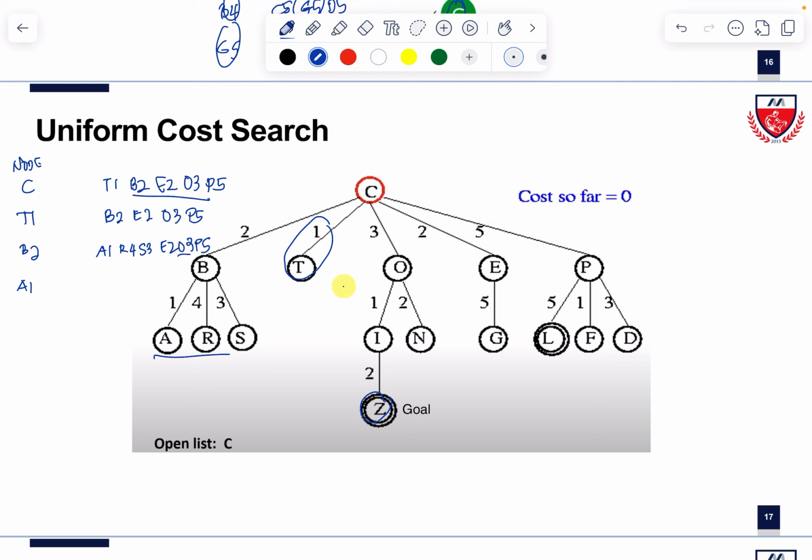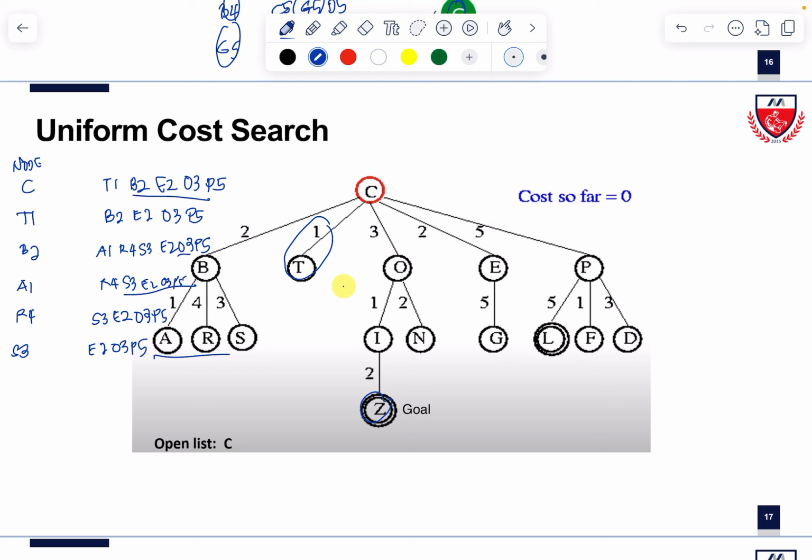A1 has no children, so let's go to R4, S3, E2, O3, P5. Then next is R4, no children. Just write everything that is on the left. Then afterward, S3, E2, O3, P5.